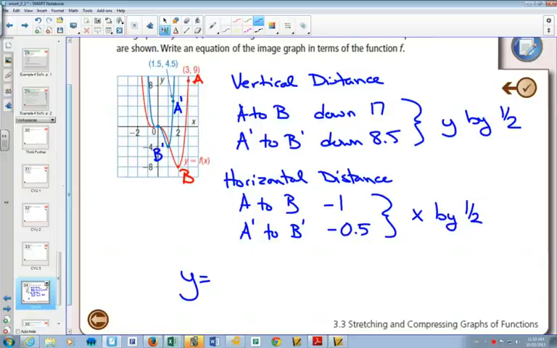So my image graph, the blue one, in terms of the function f, if I have a y multiplied by 1/2, that happens outside of the function, in front, exactly the same. If I have x values multiplied by half, that happens inside the function, but instead of a half, I'm going to write 2. 2 over 1, the reciprocal. So now we have the image graph in terms of the function f.